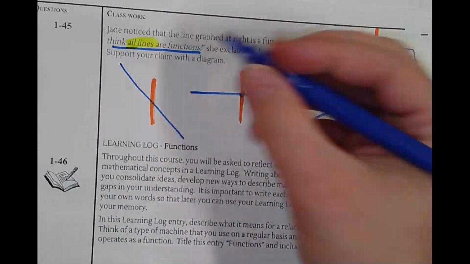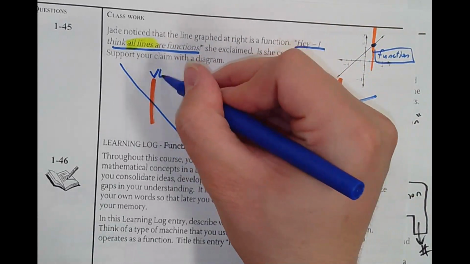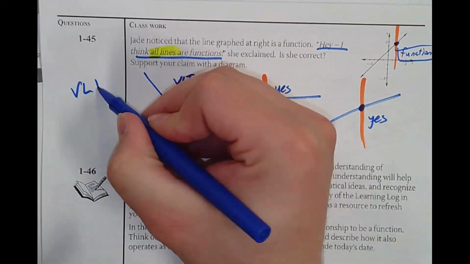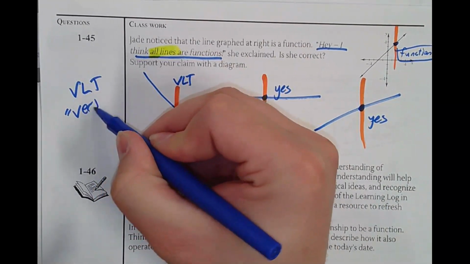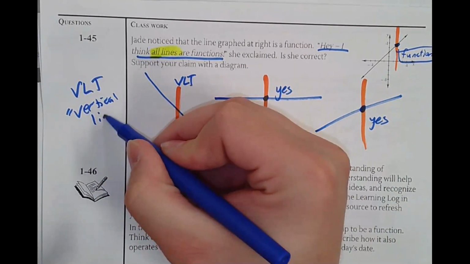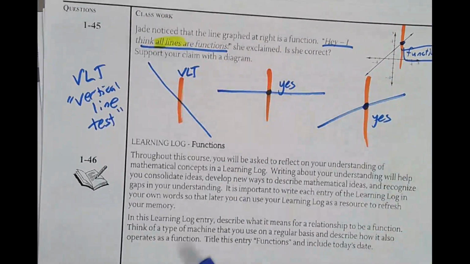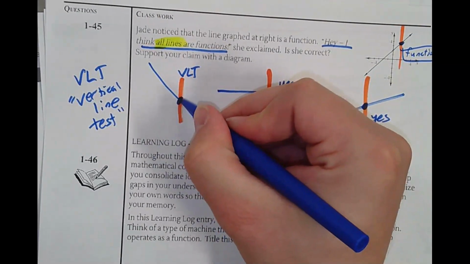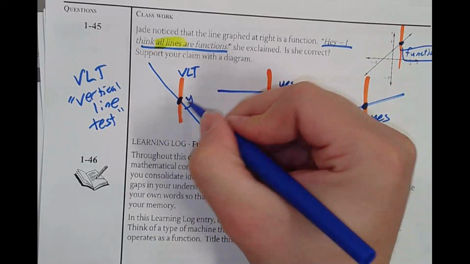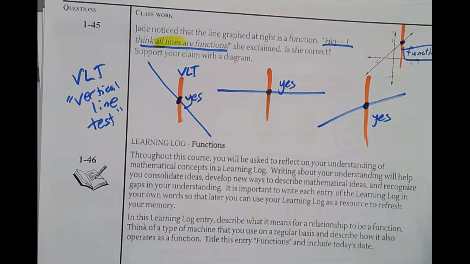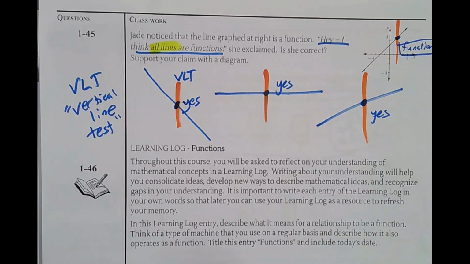Let's draw the vertical line test. VLT, vertical line test. Write that down. When I draw a vertical line, does it only go through one point? Yes. There's only one line that doesn't go through exactly one point.